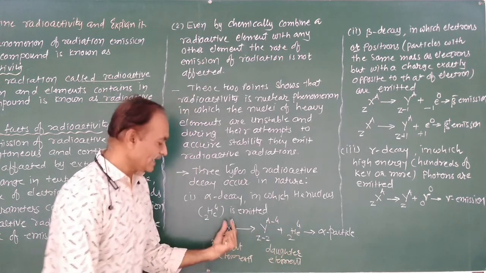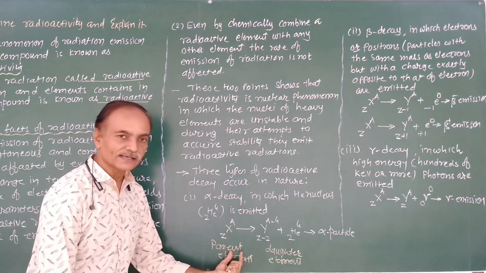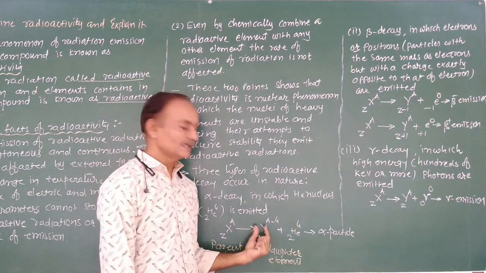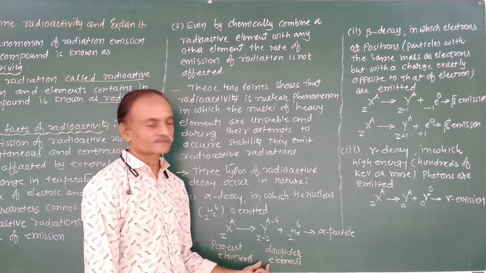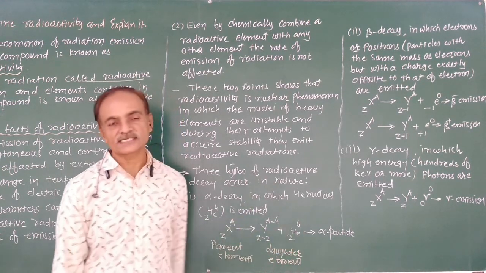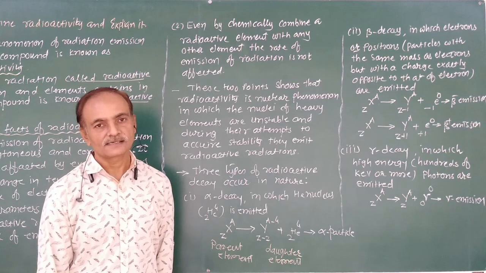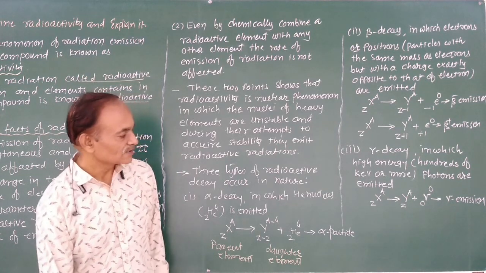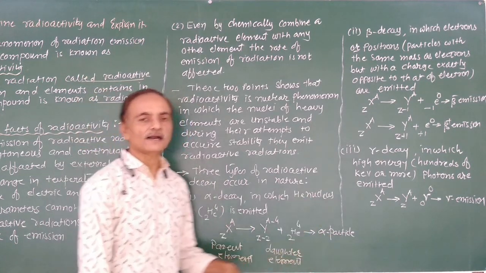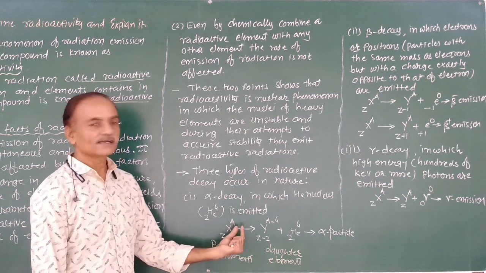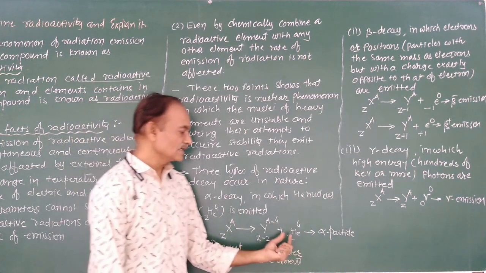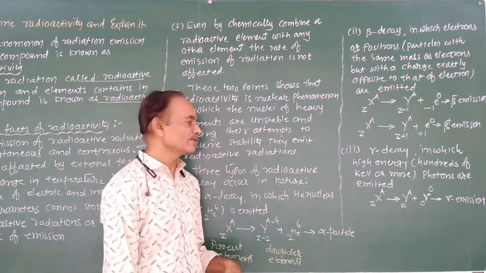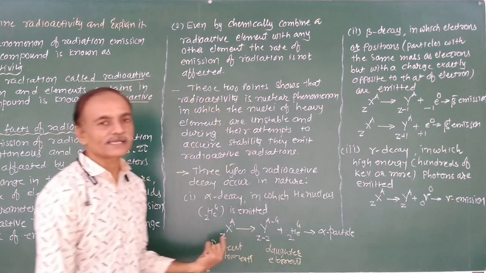So X(Z,A), that is known as the parent element, converts into the new element, that is known as the daughter element, Y(Z-2,A-4), plus the helium nucleus 2He4. That means the alpha decay takes place.